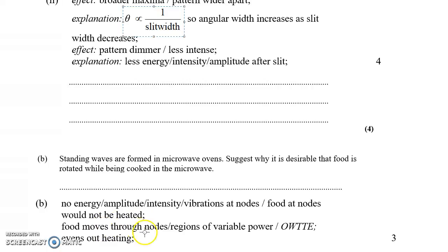So you want the food to move through those nodes and back into regions of variable power to even out the heating. The OWTTE means 'or words to that effect'. So although most people got one of these marks, they even out the heating, the rest of the marks weren't very commonly awarded there. And that is question 3.